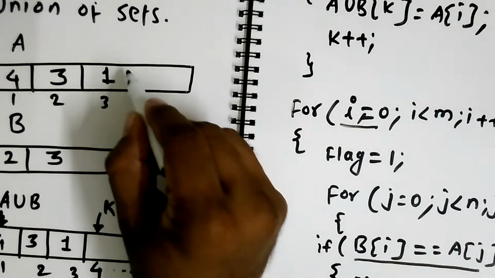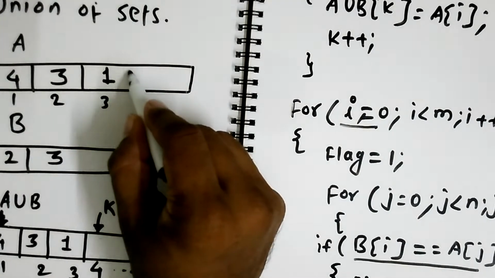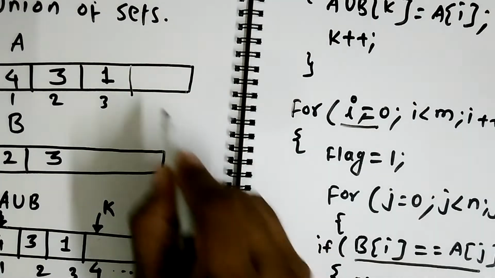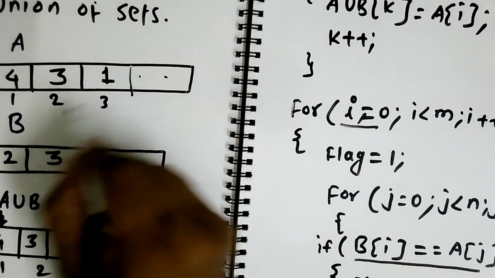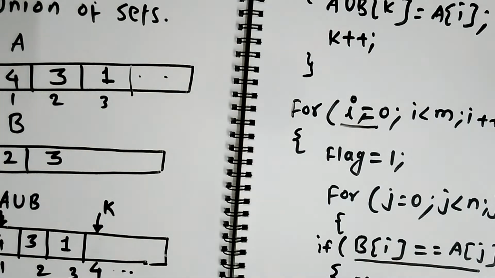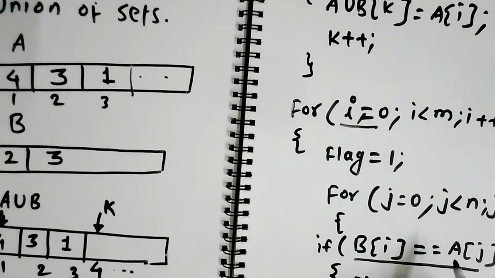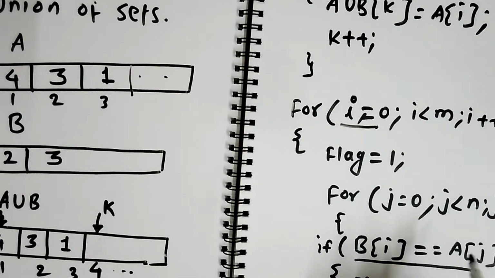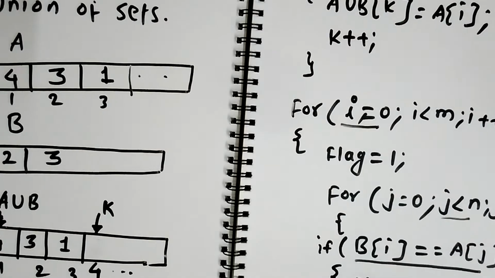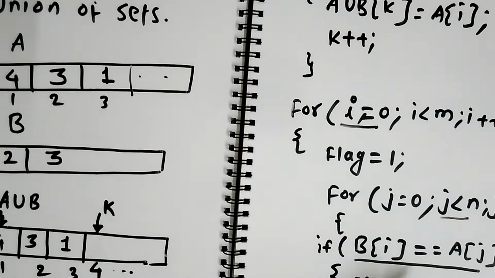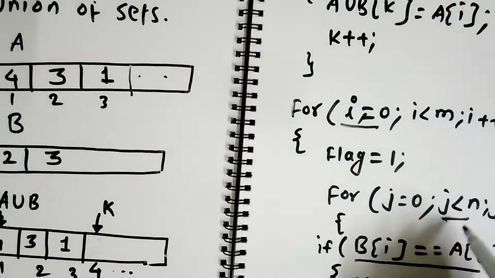Breaking the for loop means we need not continue further even if we have elements left, because I found one here. I need not compare it with the remaining elements. That's why I need to break. Now once I break this for loop, I need to check why I came out of it. I come out of this for loop because of two conditions: one is this condition becoming false, the other is this break.